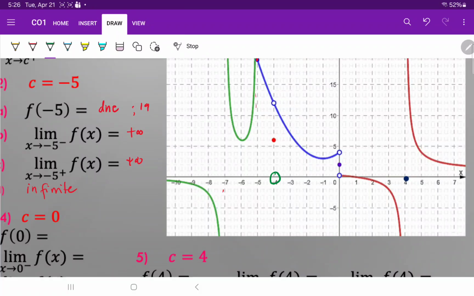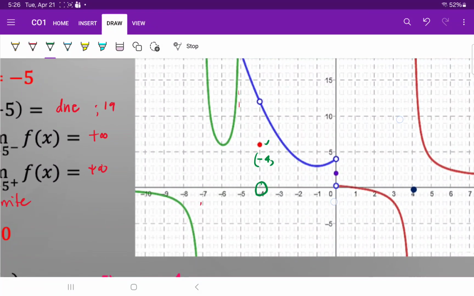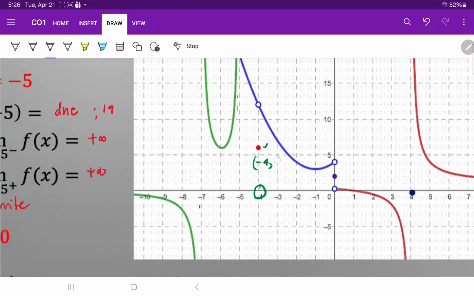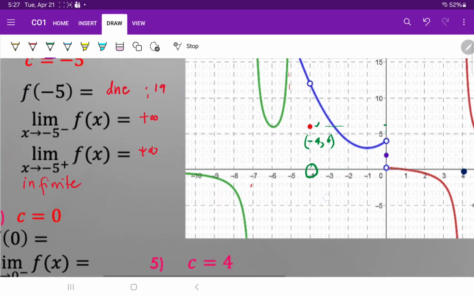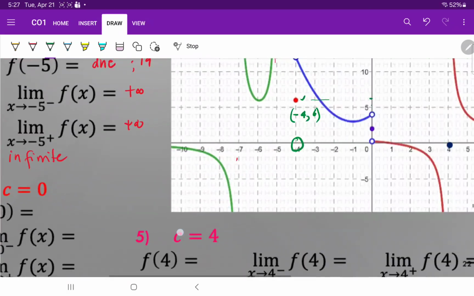Do we have a value for y? Yes, we have, because this is the point when c is negative 4. What is your y? Let's just approximate, probably it's positive 6. Here is 5 somewhere here. Alright? So, when c is negative 4, y is 6.